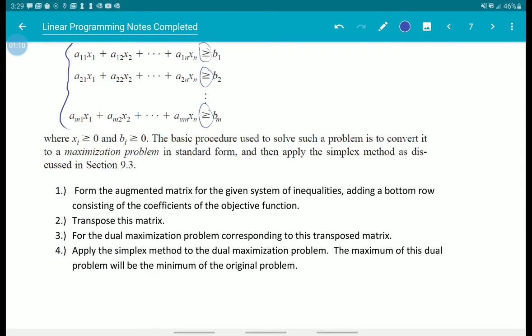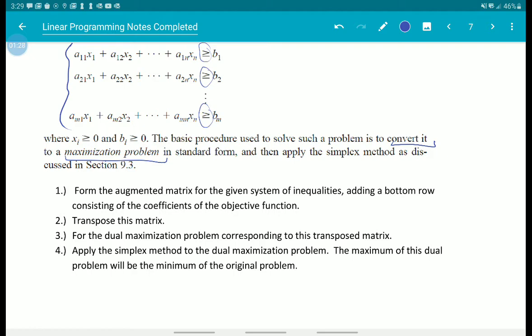So basically the idea here is that we're going to convert this into a maximization problem, and then we're going to be able to apply the simplex method to it. So how do we go about converting this?